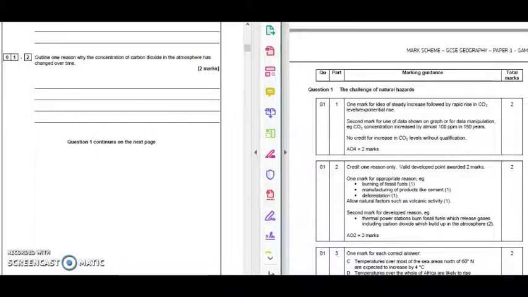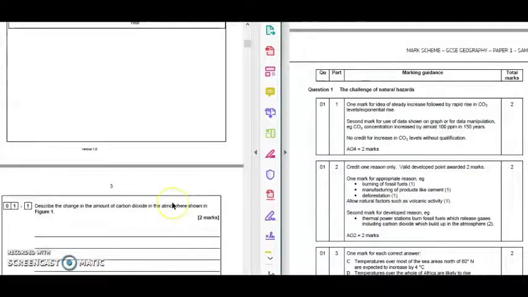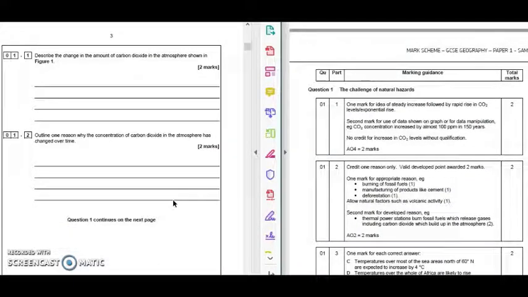Question 1.2. Outline one reason why the concentration of carbon dioxide in the atmosphere has changed over time. So just to remind ourselves, the amount is going up. So basically, why is there more carbon dioxide in the world than there was before? So got to do one reason, as the question suggests, and then just develop it using phrases like which means that, because.